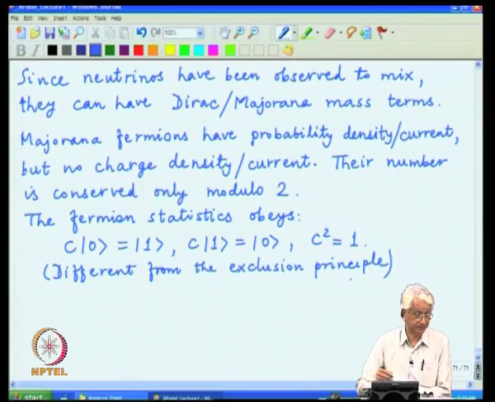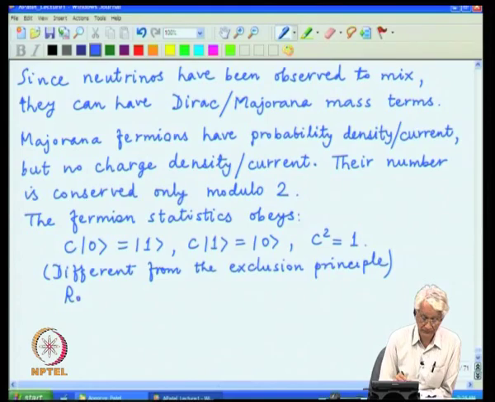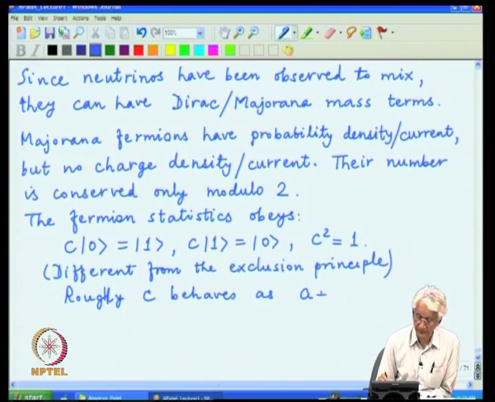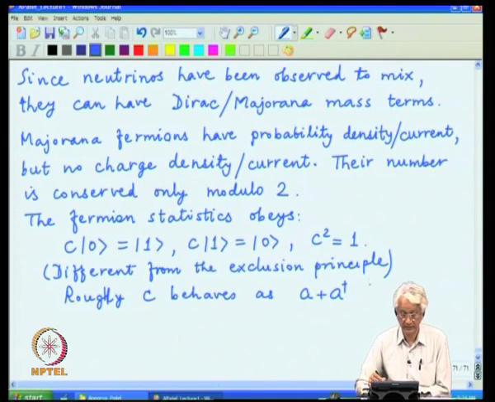So, this is a different sort of story, and roughly this operator behaves as A plus A dagger of the operators of Fermi-Dirac statistics, and this particular superposition that you have both A and A dagger combined together is again a manifestation that there is no distinction between a particle and an antiparticle.